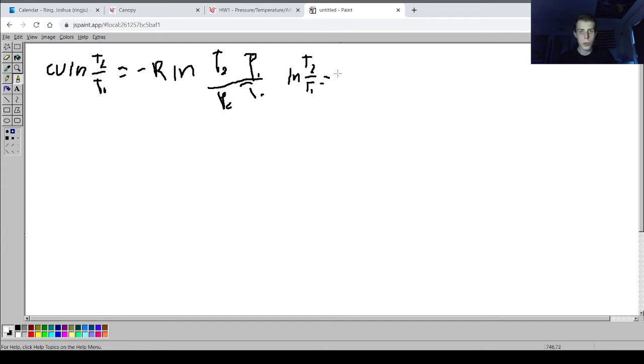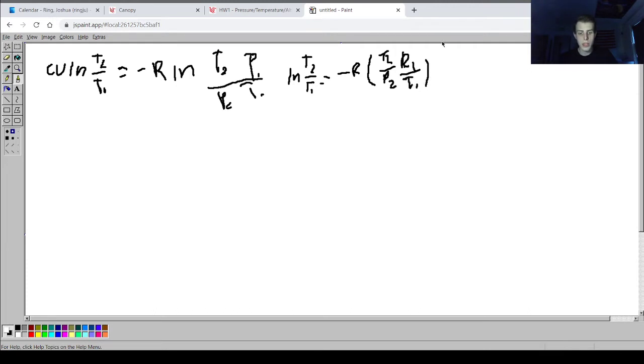is equal to negative R, and then in parentheses we'll have T2 over P2, and then P1 over T1.